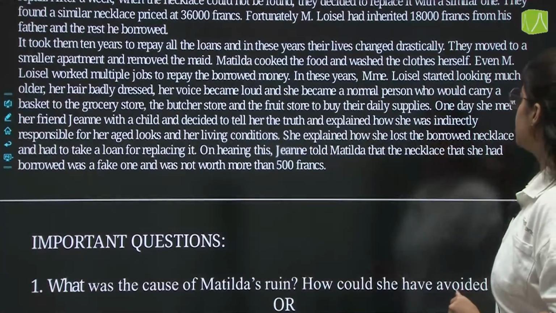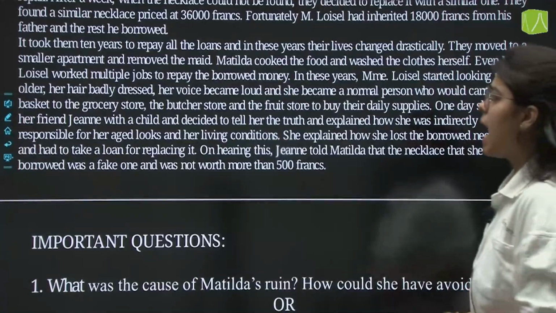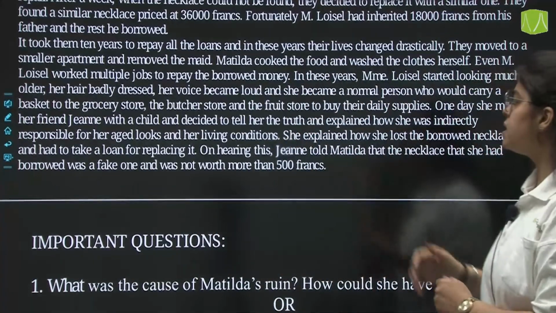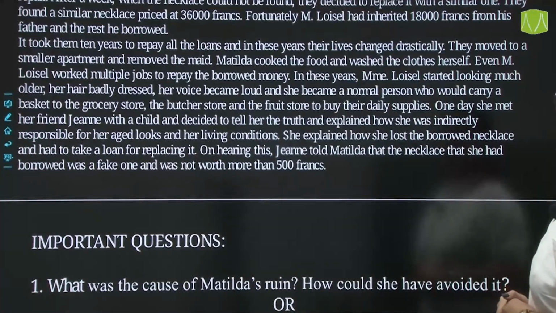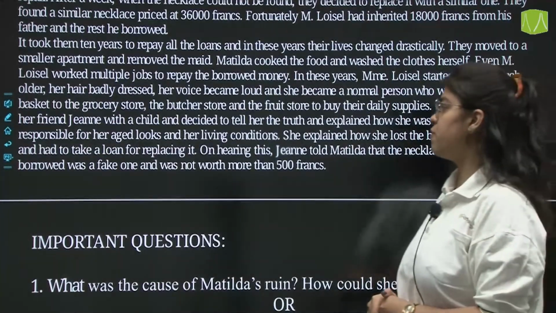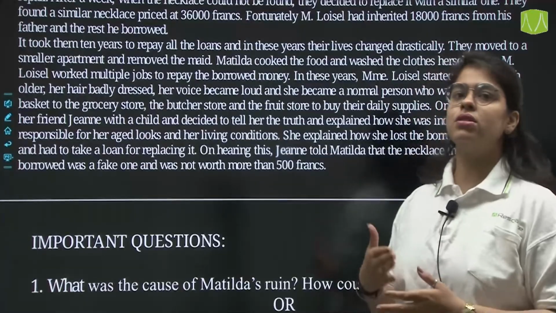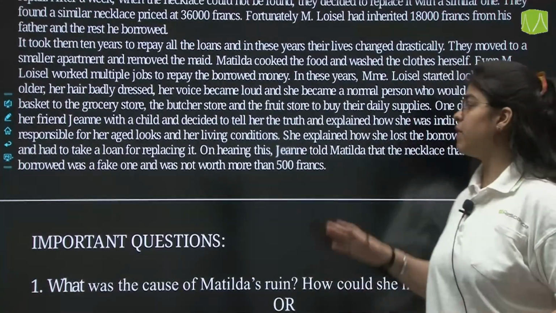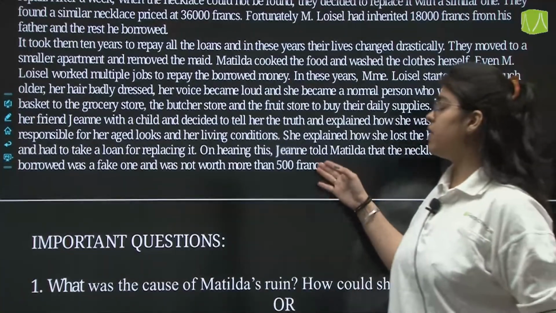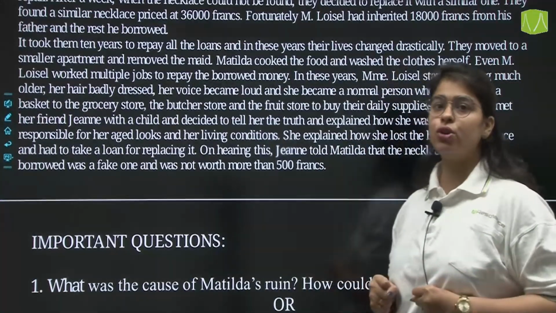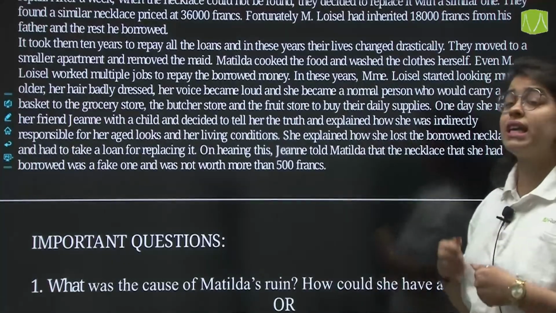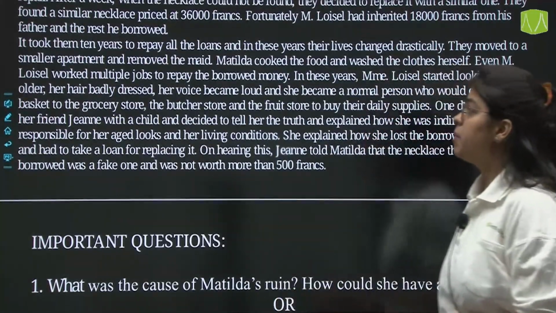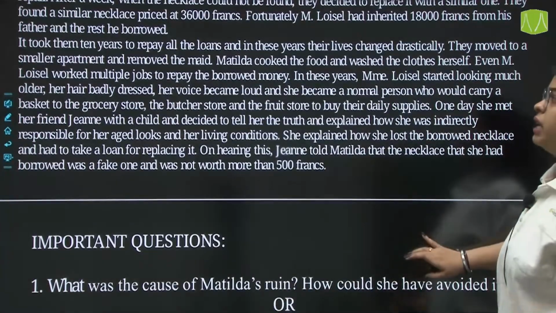She explained how she lost the borrowed necklace and had to take a loan for replacing it. On hearing this, Jeanne told Matilda that the necklace she had borrowed was a fake one and was not worth more than 500 francs. So instead of this 500 francs necklace, they had to repay the loans for 10 years and made themselves suffer along with it. So this is the story, The Necklace.